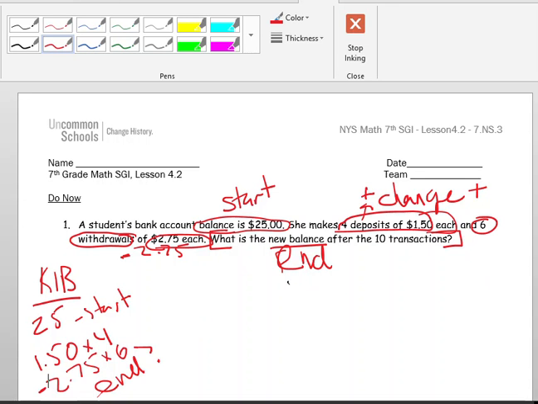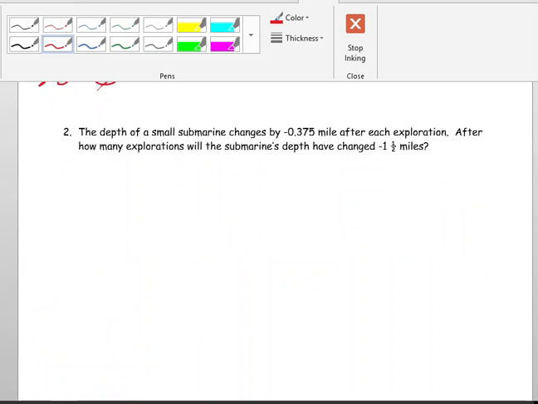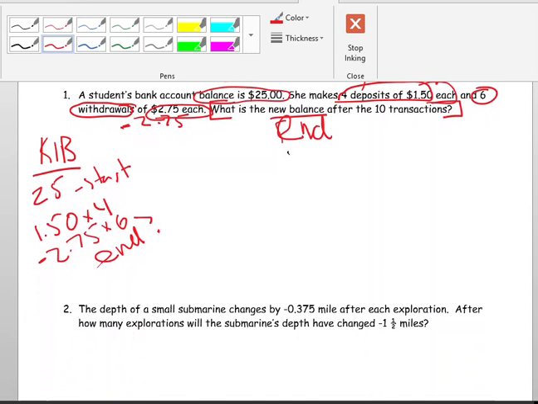Let me see if I can move this down a little. So let me put that in blue. For my deposits, I'm going to have $25 plus 4 times 150.